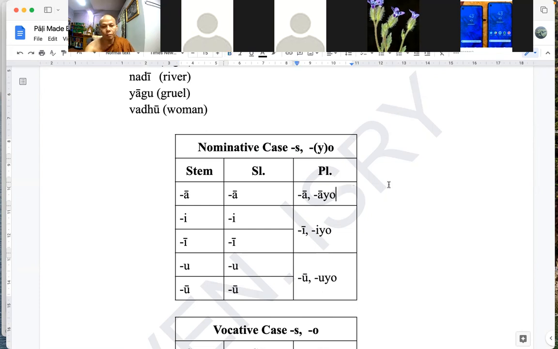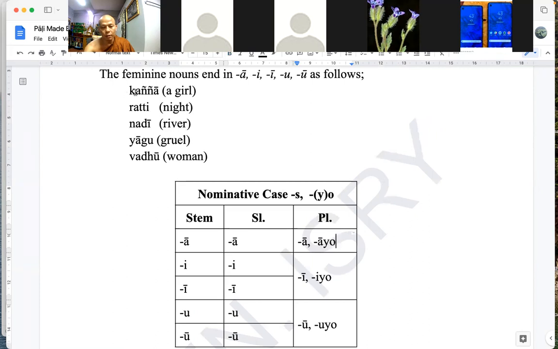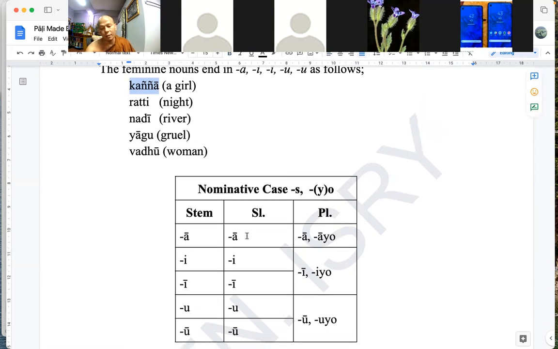So now the stem form, noun form ending in long A, Kanya. When we add the nominative case singular sign, maybe this sign is dropped. So that is just Kanya as Kanya, no more change, nothing changed.